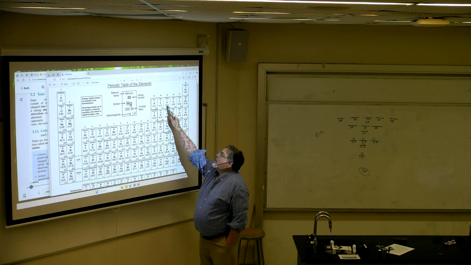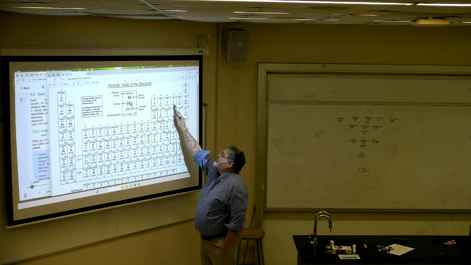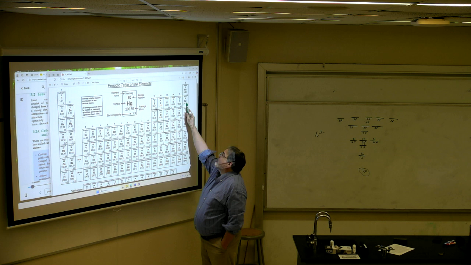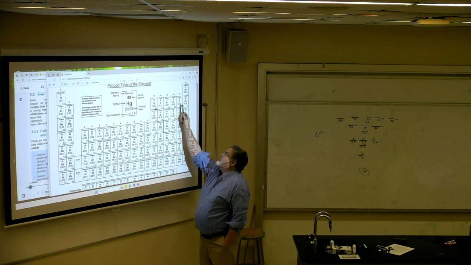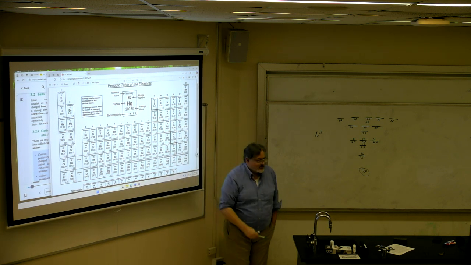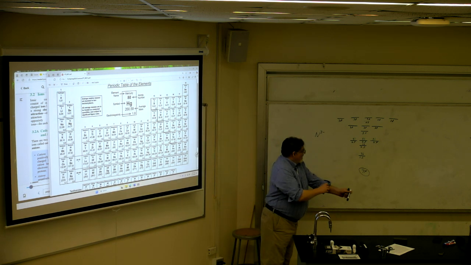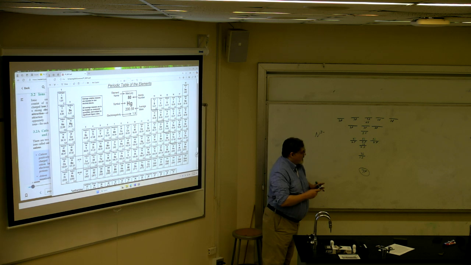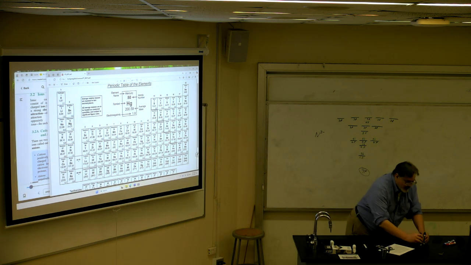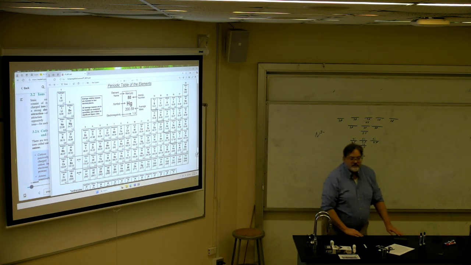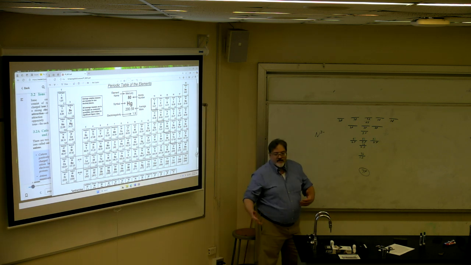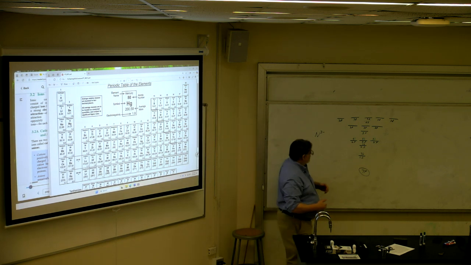So carbon would gain 4: 1, 2, 3, 4. Oxygen would gain 2. Any of the halides would gain 1. In any of those cases, you end up with this stable octet arrangement. Gaining electrons is what nonmetals do to become charged. They become negative by gaining those extra electrons.